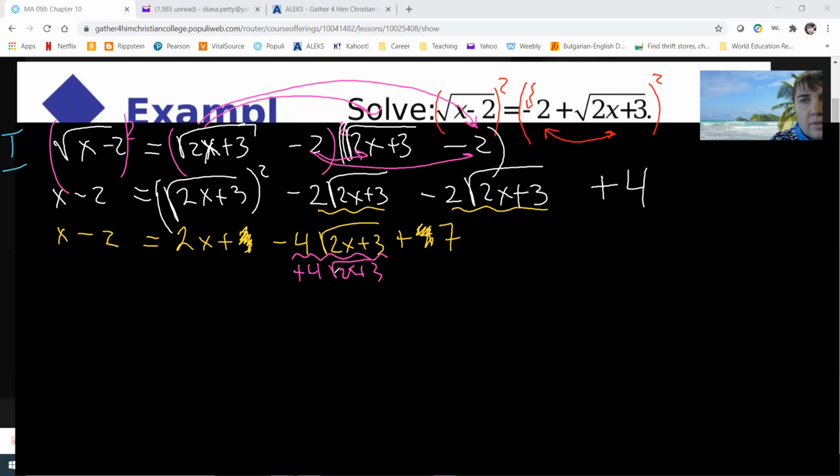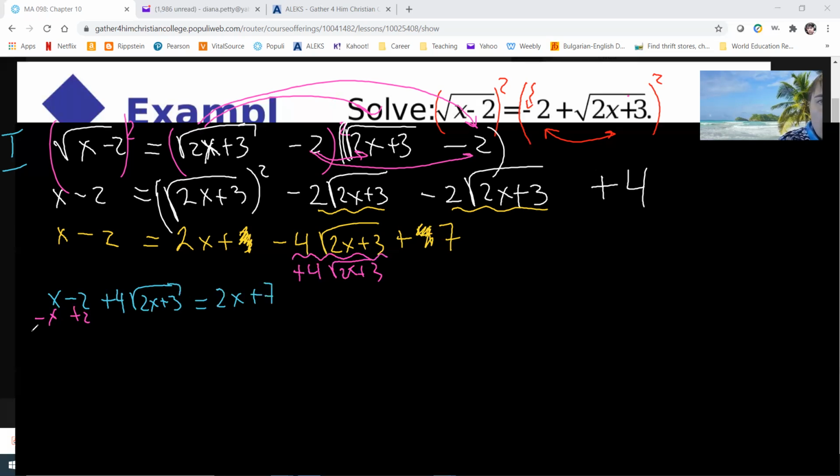Then later we move the other one. So it's going to be x minus 2, we move the x minus 2, plus 4. I mean, you can move it now, but I didn't want to. So x plus 7. So now move this x and 2, minus 2. So you're going to do minus x plus 2.